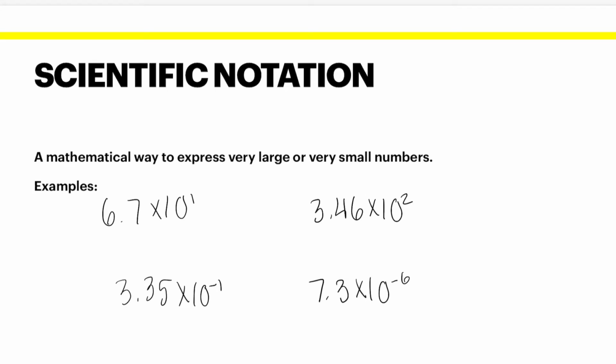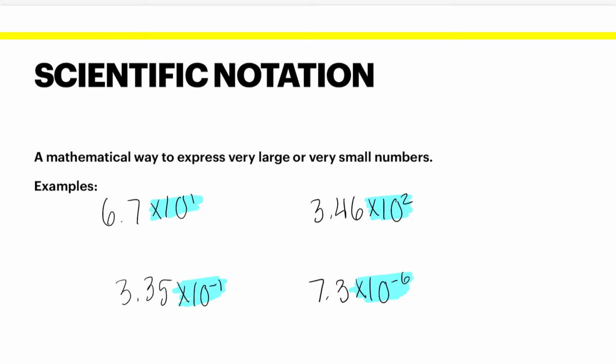The thing that makes these all numbers in scientific notation is the times 10 part on each of these numbers. So the times 10 part on each of these numbers is what makes scientific notation scientific notation. You will never not see times 10 on a scientific notation number.